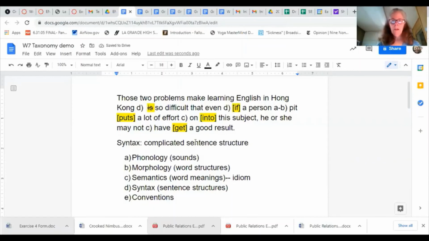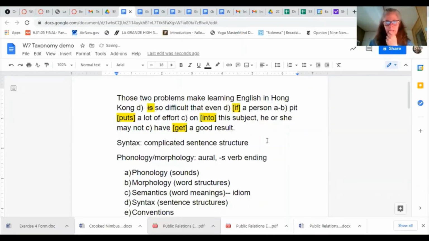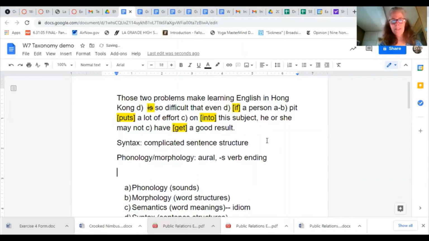I'm going to say that the homophone, the phonology, morphology, might just be audio, oral, right? How the person is hearing the word. And then a lot of non-native speakers have trouble with the S's on the ends of verbs. So there might be some verb ending things going on there that we could talk about. Definitely we can talk about prepositions as idiomatic.